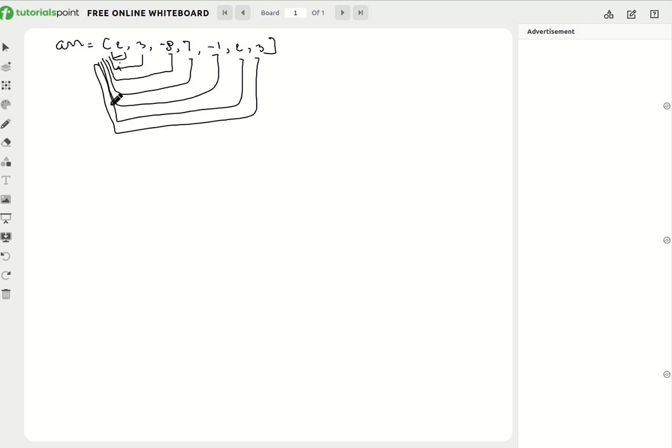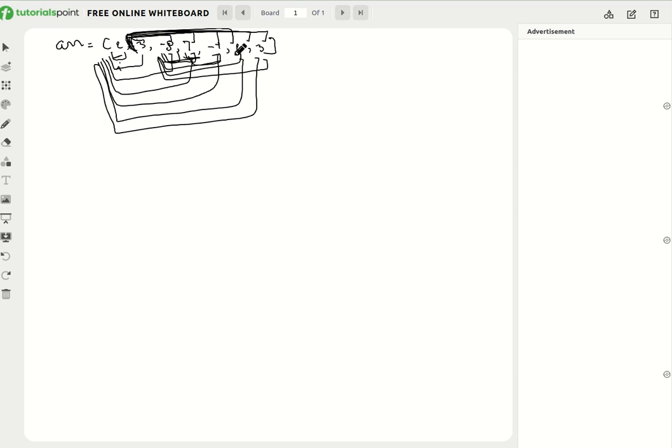Then again, this one, then this one, then this one, and so on. Like this, these one, then these two, these three, these four, and these five. So like this we have subarrays we can calculate.